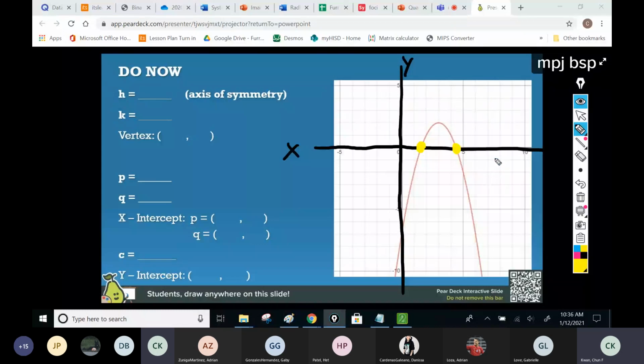You are going to have to estimate, because the graph doesn't cross at a whole number. It's in between 1 and 2, and the other x-intercept is in between 4 and 5. So just do your best estimation.